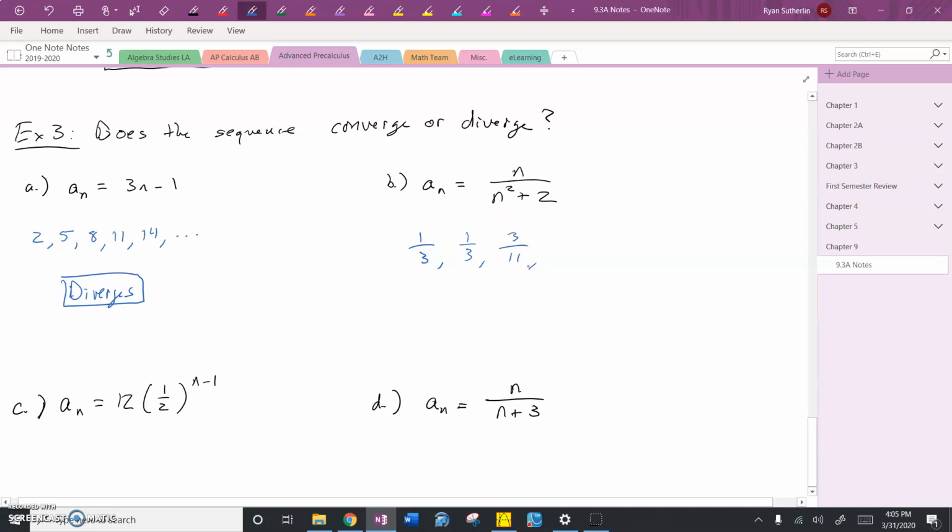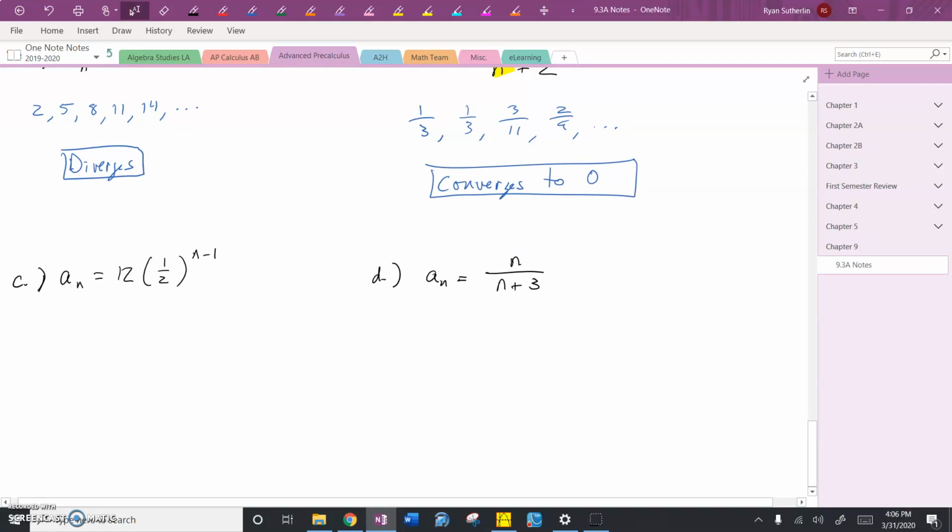If I were to plug in 4, I would get 4 over 18, so that becomes 2 over 9. And eventually, if I think back to rational functions, my larger degree is in the denominator, so this sequence of numbers is going to get closer and closer to 0. So we say that this sequence converges to 0.